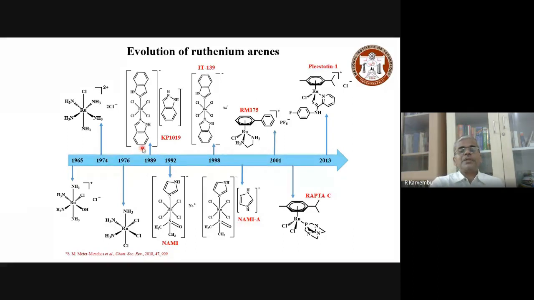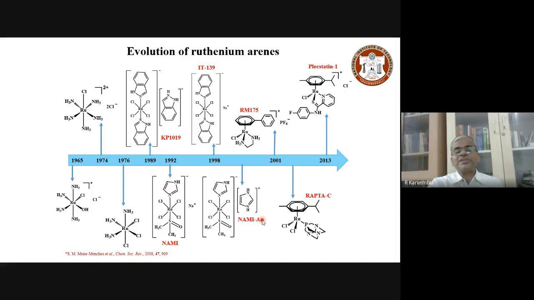And then ruthenium benzimidazole complexes came into the picture. The sodium salt of this complex has passed a few clinical trials, but still it is not active. And these two are ruthenium DMSO complexes. This imidazole salt of the ruthenium DMSO complex, commercially called NAMI-A, has cleared the phase 2 clinical trial, but its activity is not as expected for commercialization.